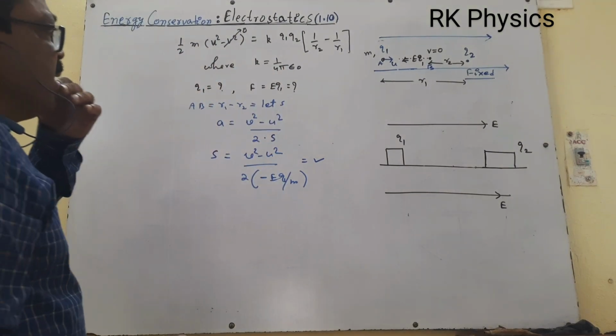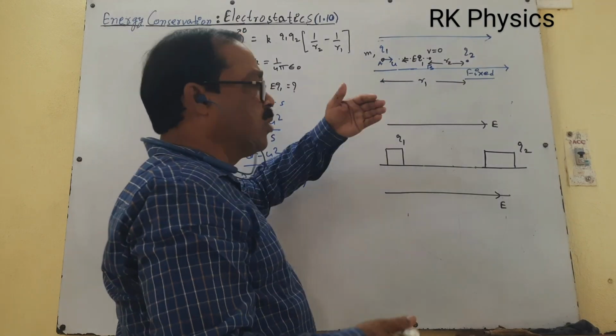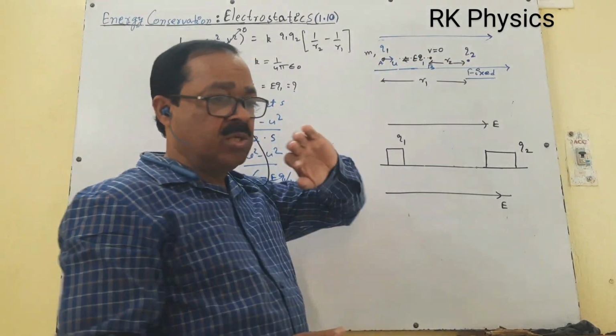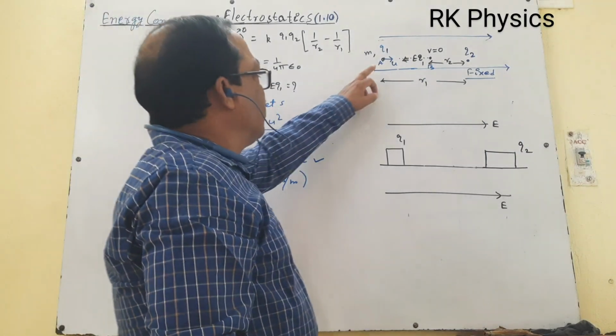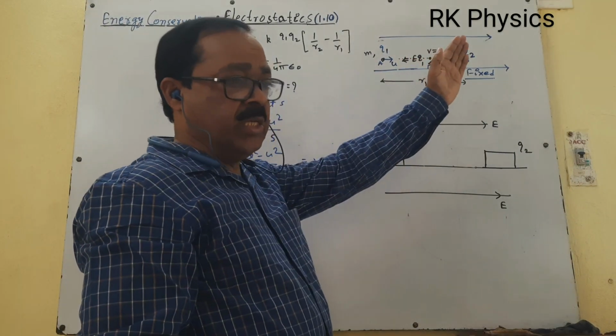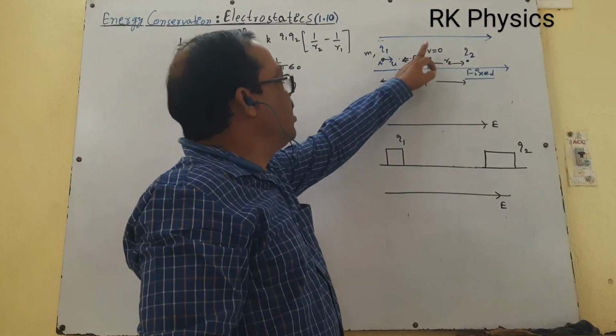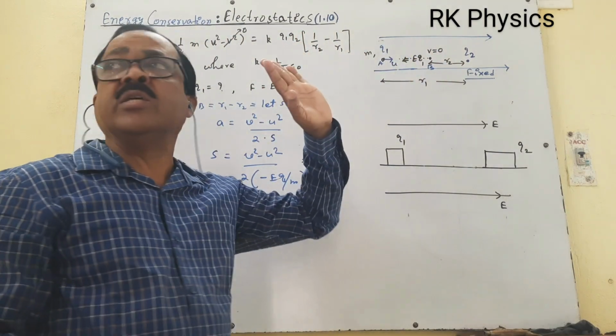Now similarly, instead of positive q1, if you take q1 as negative, the velocity goes on increasing. That means the final velocity v is greater than u.